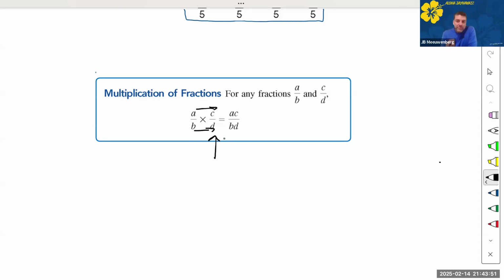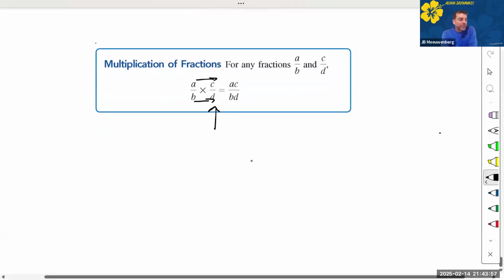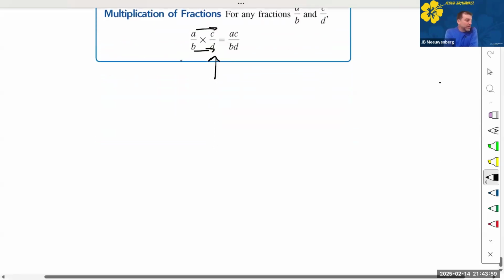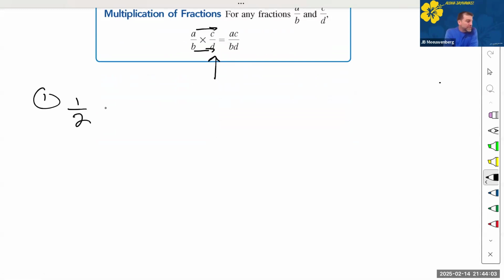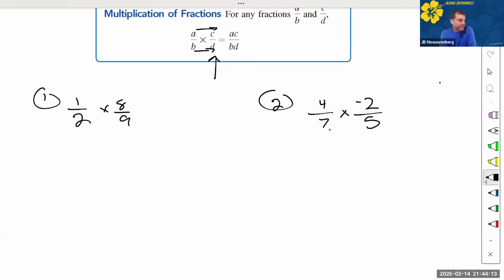We want to change our mixed number into an improper fraction. And so that is an important note as well. So let's just try a couple of these fraction multiplication problems. Let's do 1/2 times 8/9, and let's try 4/7 times -2/5. Go ahead and pause and try both of those.